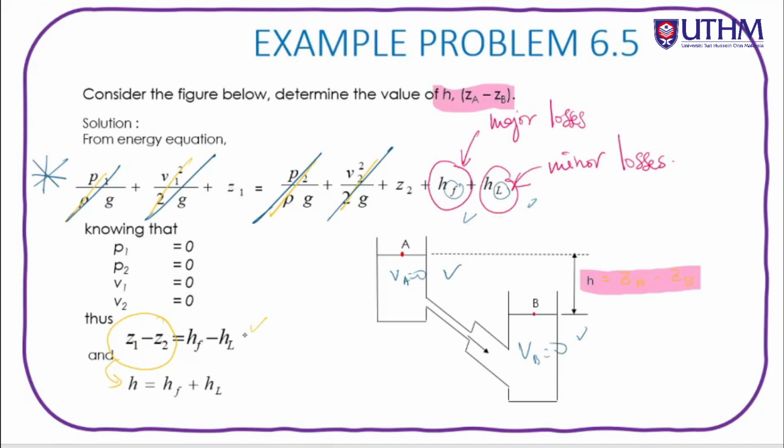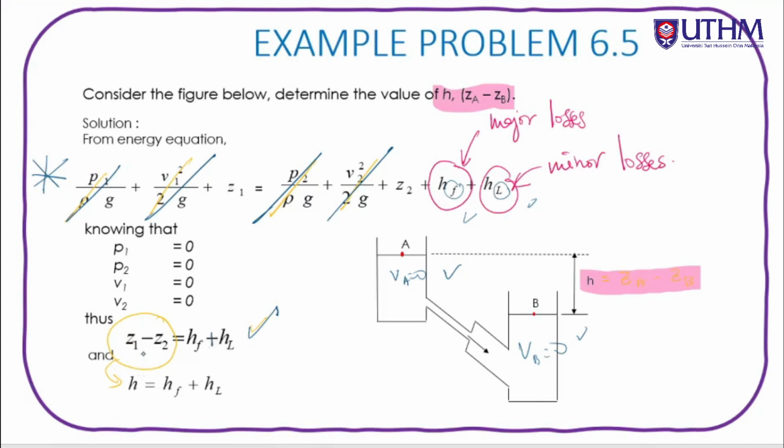Then we rearrange and we get Z1 minus Z2 equals HF minus HL. No, this one is not minus. Z1 minus Z2 is HF plus HL.